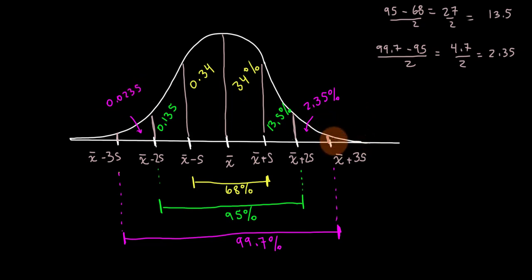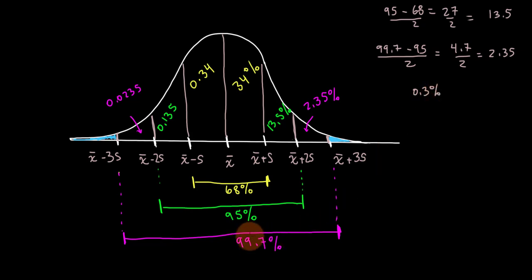Now I said that was the last one, but can you see that there is one more region that we need to account for? That would be this very last wedge right here. Maybe I'll shade it. I'll shade it in light blue, right? It's a very small percentage, very small proportion. How small? Well, wouldn't that blue part only be 0.3%, right?